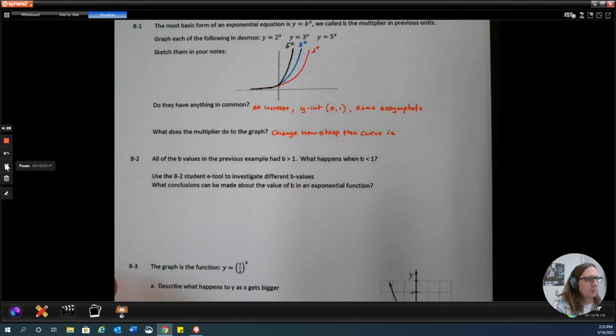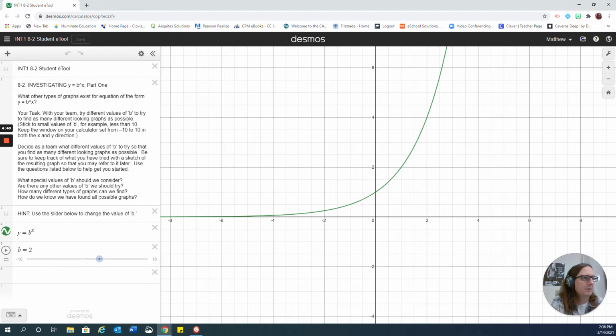All right, so we're going to use the E tool on your online textbook to take a look at that. So let me pull that up here. All right, so here's the E tool, and we can see that it's already set for y equals b to the x, and this is what's called a slider. And it says that right now b is 2. So that would be that first graph that we did in red on the previous one.